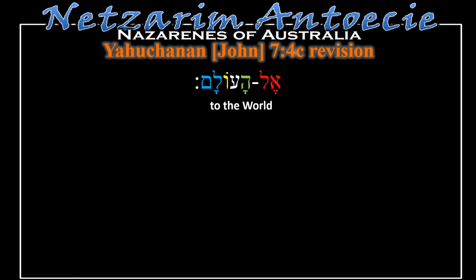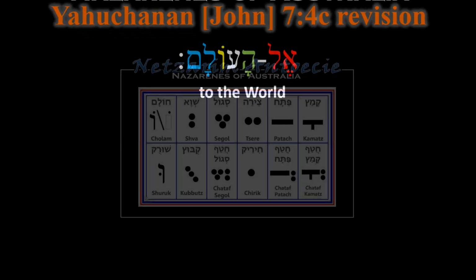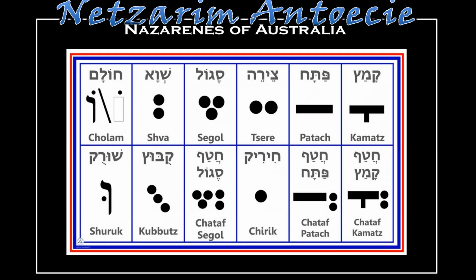To the world. And then finally, of course, we like to always remind everyone who might be joining what the vowel marks are. We have a kamatz, and that gives us the A sound, the longer A sound. Then we have the shorter A sound, patach. And we have tzere, which is the longer E sound. Segol, shorter E sound. Shva, that breaks the words up into syllables.